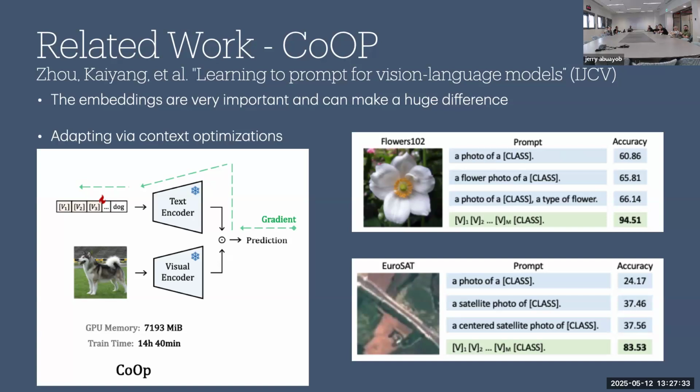The different configurations that they tried over here are, of course, the length of the token, and the placement of the class inside the token. So if we look at the photo example again, we can see a photo of a class. That's the basic one. The learned one is a photo, a flower photo of the class, and the last one is a photo of a class, a type of flower.